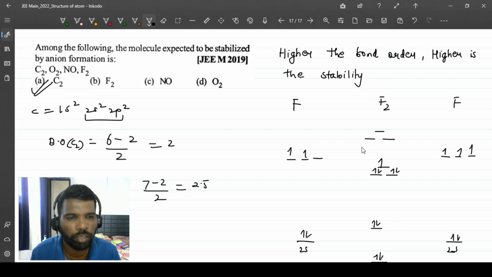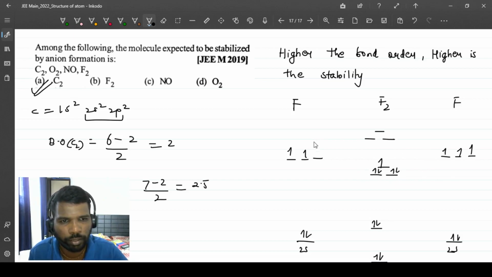The fluorine molecule will have 7 electrons in the outermost shell. In the p orbital, it will be 5: 1, 2, 3, 4, 5, 4, 5. There are 10 electrons: 1, 2, 3, 4, 5, 6, 7, 8, 9, 10.